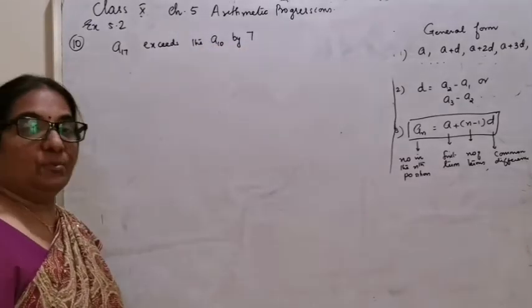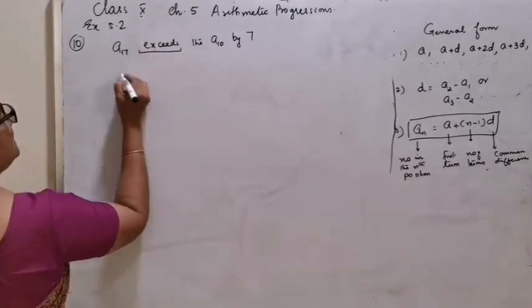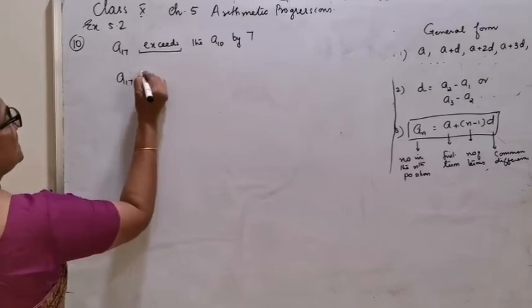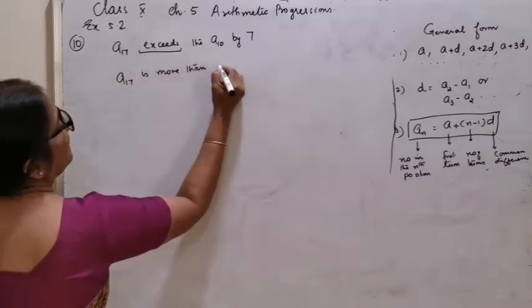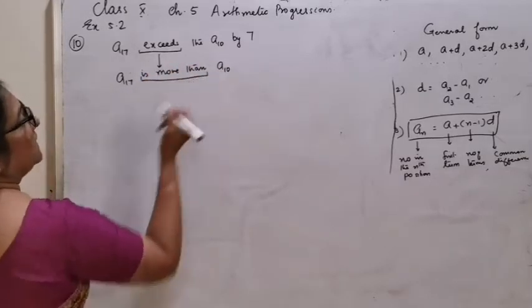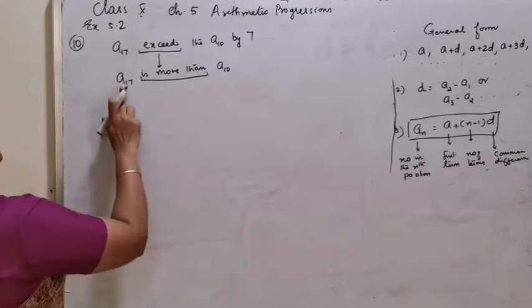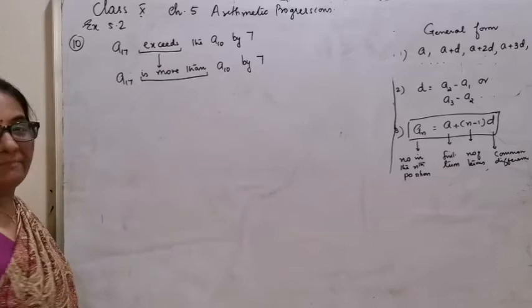What is the meaning of the word exceeds? The meaning of the word exceed is A17 is more than A10. The meaning of exceed is more than. So A17 is more than A10 by 7.